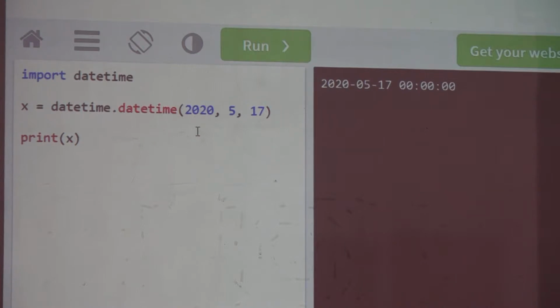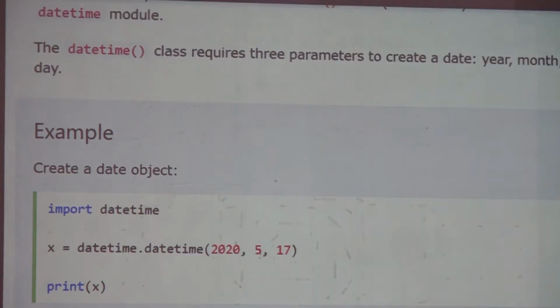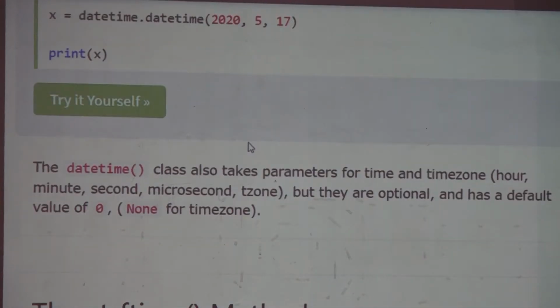So that is how the format works. First is the year, the second is the month, that is May, and the last one is the date in that month. Okay, I think all of you know that. It's called YYYYMMDD. Okay. So let's go down.